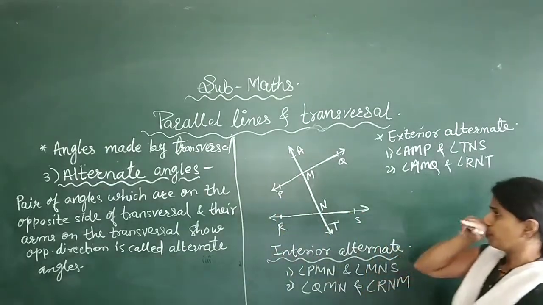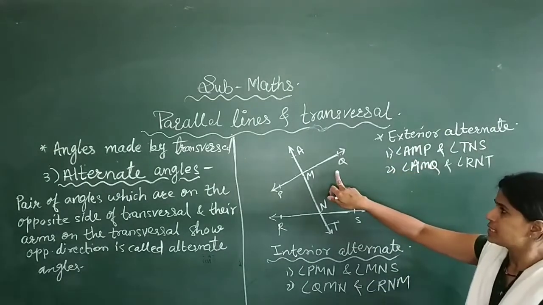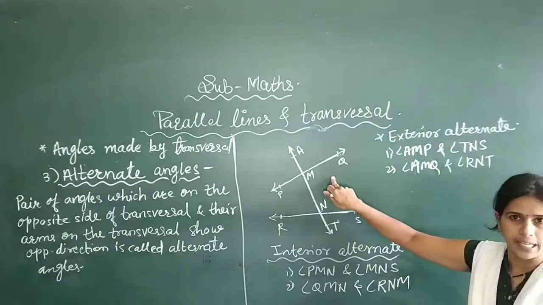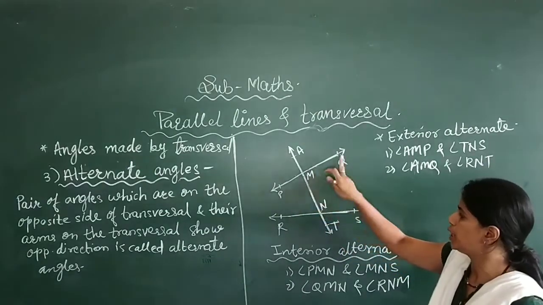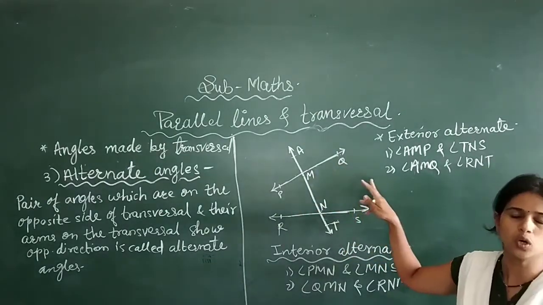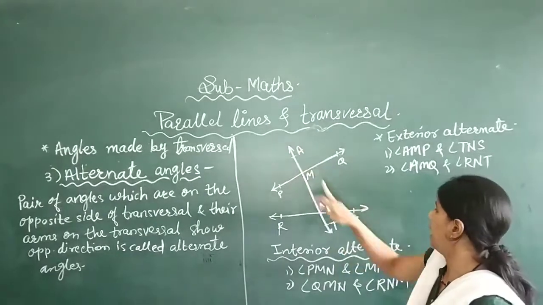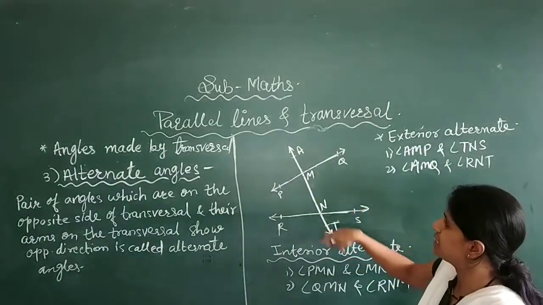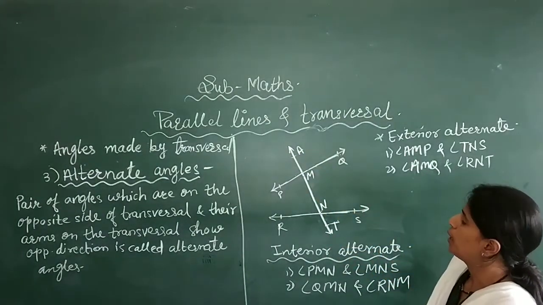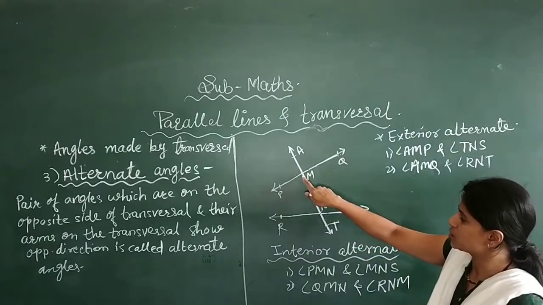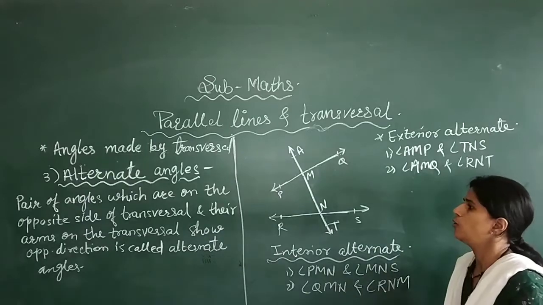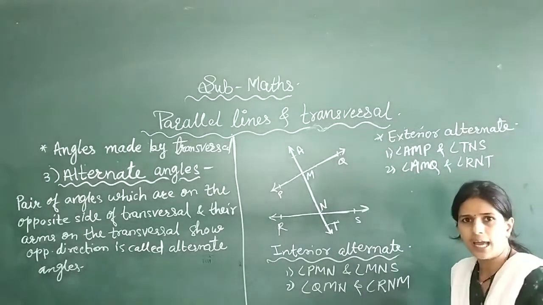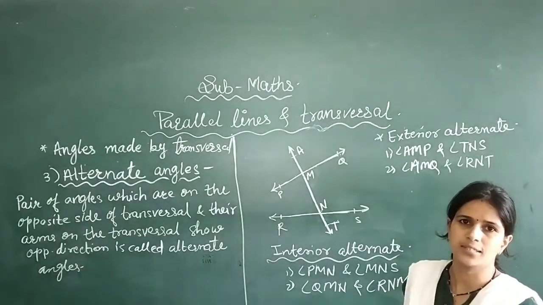Now see this diagram. What is given in the diagram? Same diagram. PQ and RS are two parallel lines. AT is the transversal, intersecting these two lines in two distinct points M and N. Now, alternate angles are again classified into two.